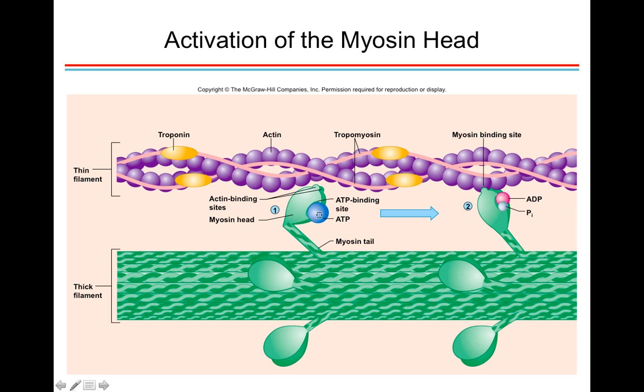So what needs to happen is that ATP needs to be hydrolyzed into ADP and phosphate, but they're still both attached to the myosin head. When this happens, the conformation of the myosin head changes. So instead of being kinked like this, it adopts a straight morphology. And when it adopts a straight morphology, we say the myosin head has been activated. And now, with the ADP and the phosphate bound, it can freely attach to the actin filament shown above.